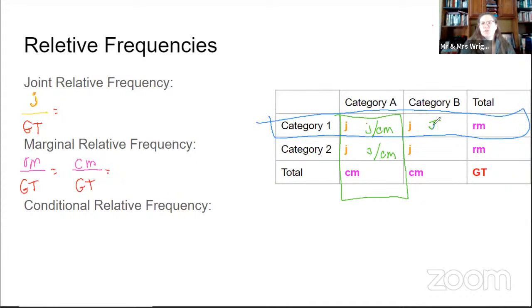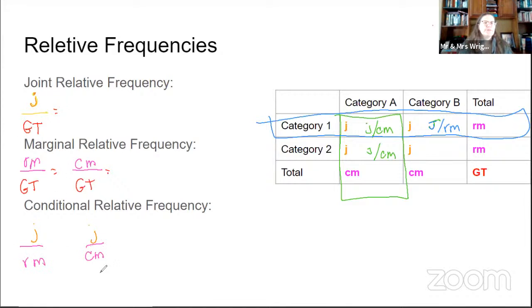So you could do joint frequency divided by the row marginal frequency. So either of those will work, but it's conditional based on the row or the column that it's in. So you would never take this joint frequency here and divide by this column marginal frequency here. It has to be in the same row or the same column depending on what you were asked.